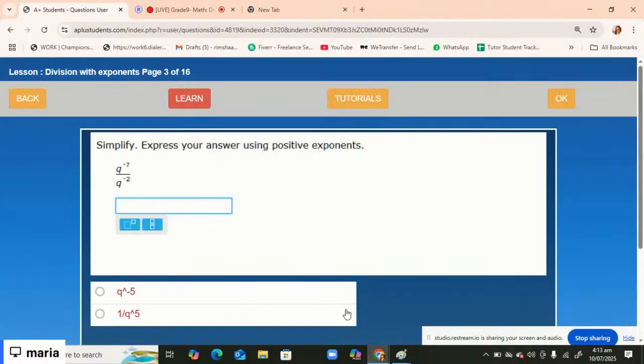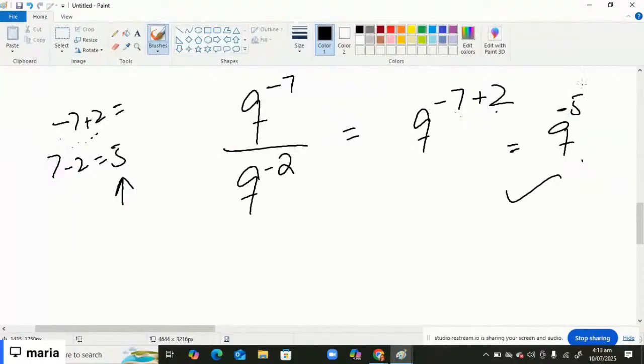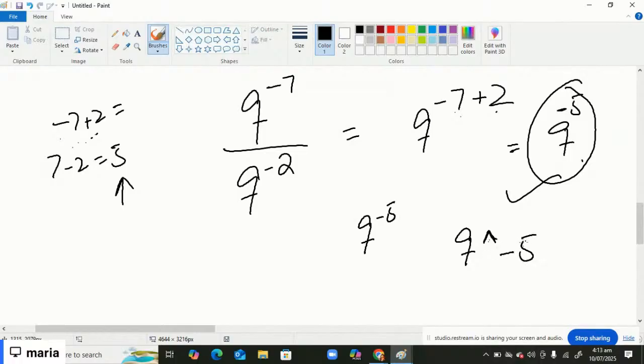Okay, all right, look at here, one more thing. If you have a number like this, sometimes they are not giving the answer in the form of q and minus 5 like that. They just give us the answer by using this sign. This sign means the power, okay? And they just put minus 5 here.